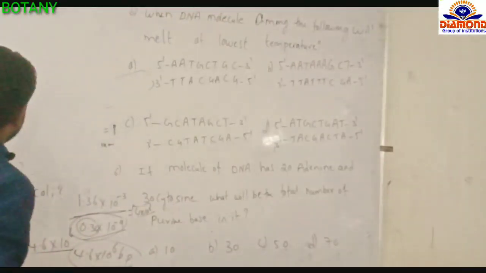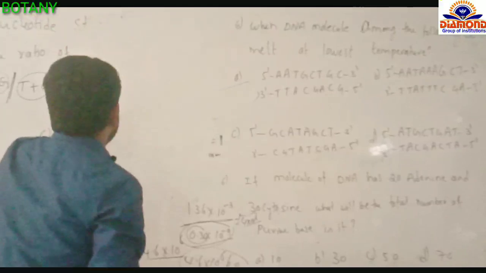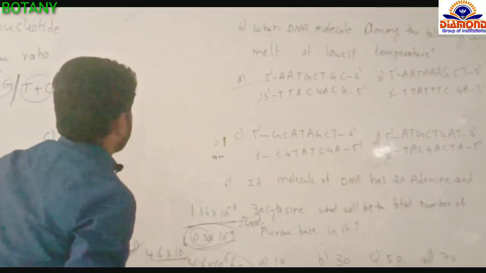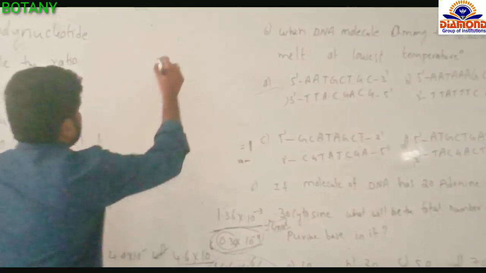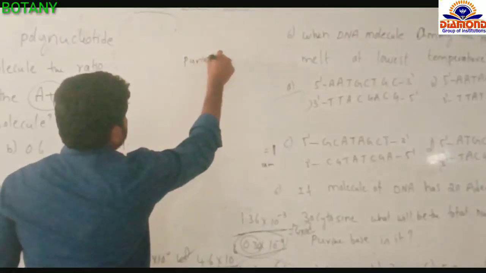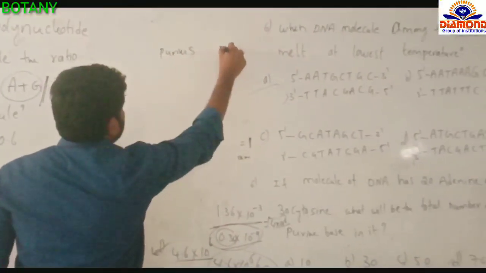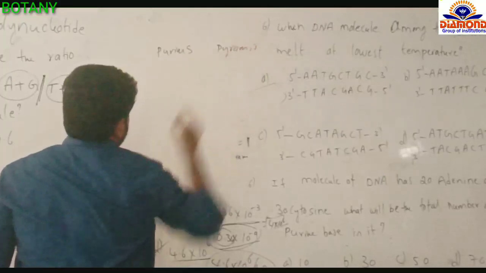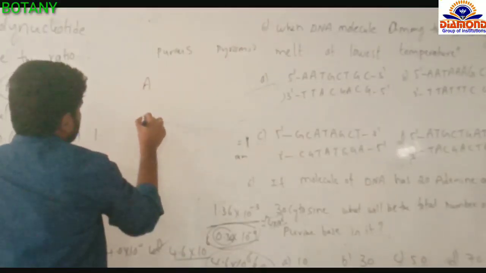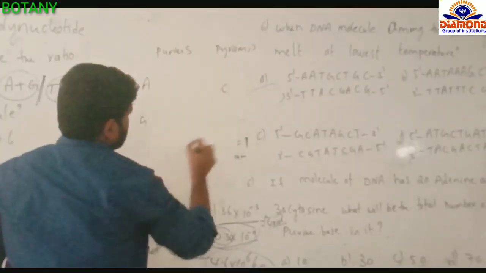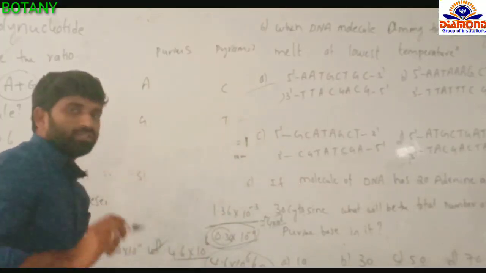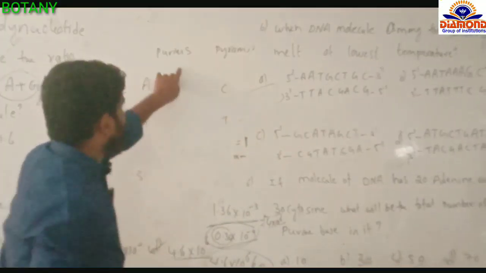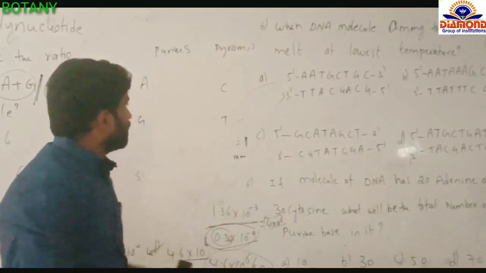So you can see the structure of DNA. DNA is made up of nitrogen bases. Those nitrogen bases are purines and pyrimidines. Purines are adenine and guanine. Pyrimidines are cytosine and thymine. According to Chargaff's rule, purines always pair with pyrimidines.